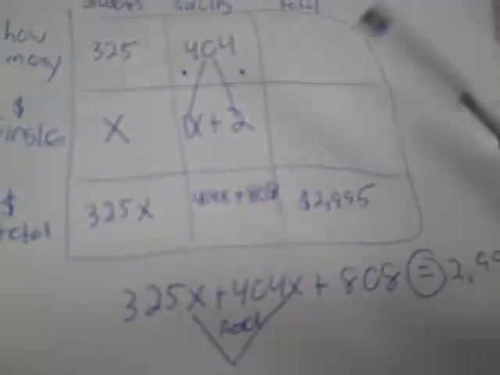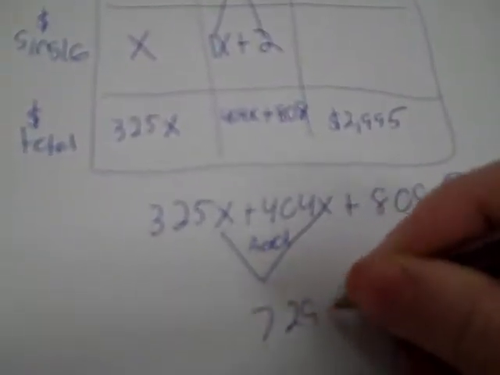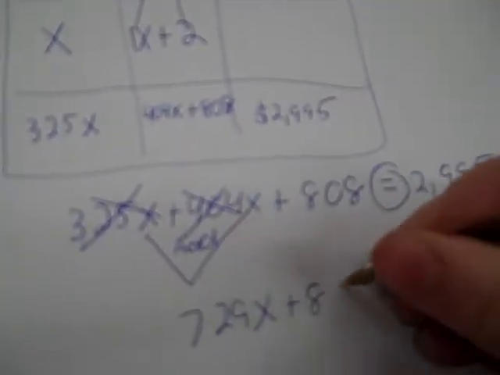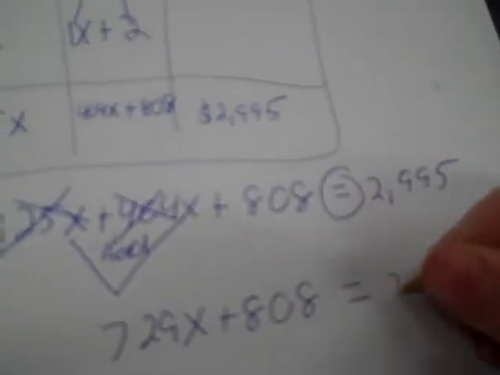They're on the same side, so I write add. $729. Now we still got plus 808 equals 2,995. Now dot your 729x.